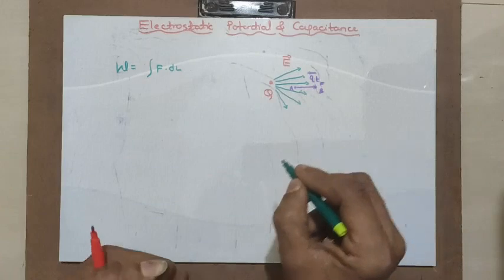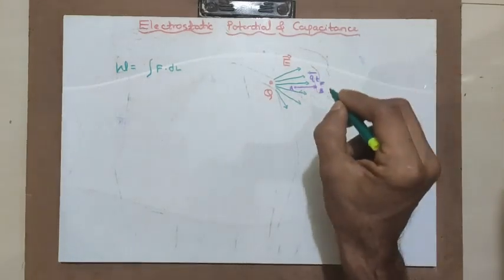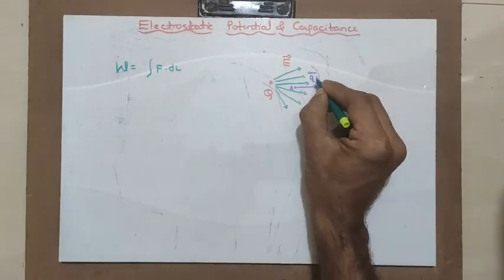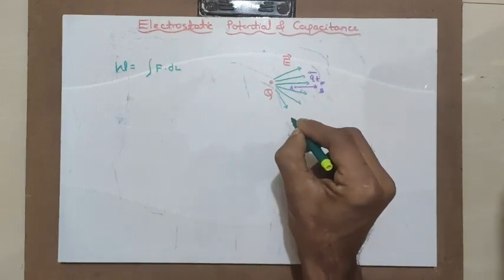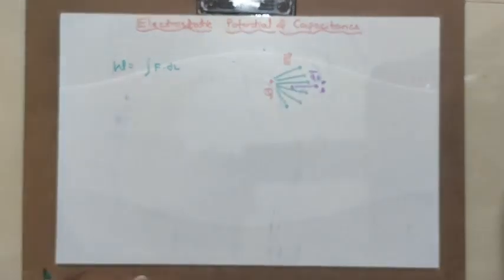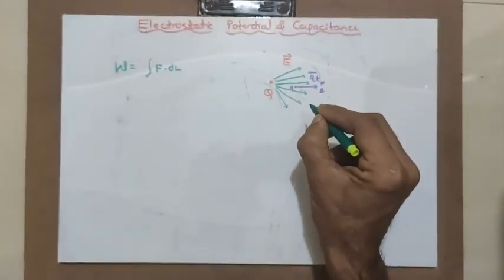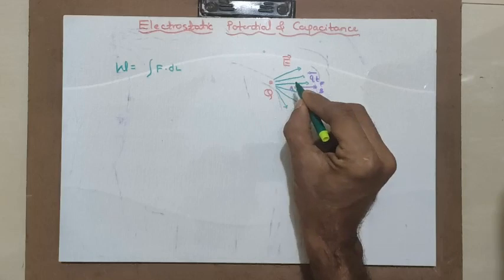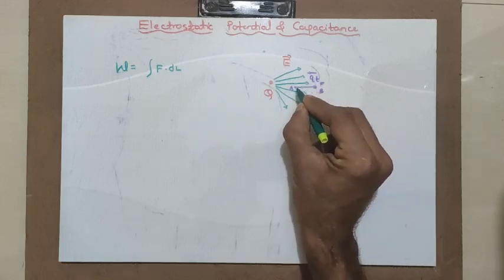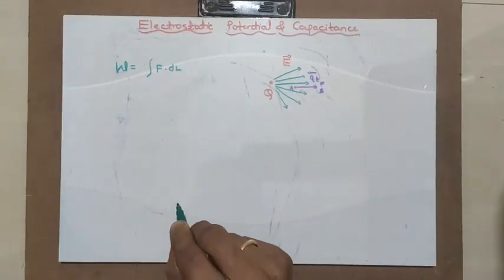But suppose you work against the field and bring the test charge from B to A. You have to exert the force, or exert the work. If you want to move from A to B, the field will work. If you want to move from B to A, you have to work against the field.